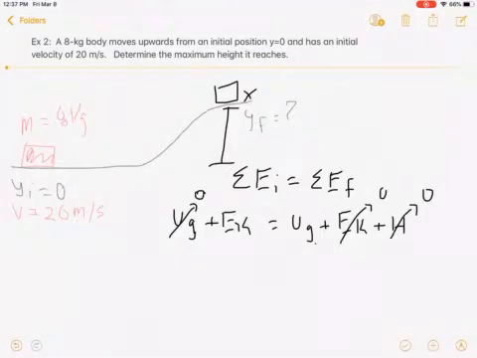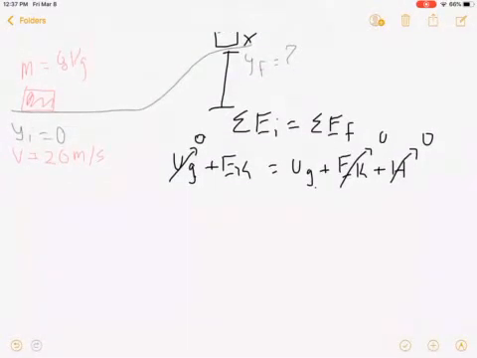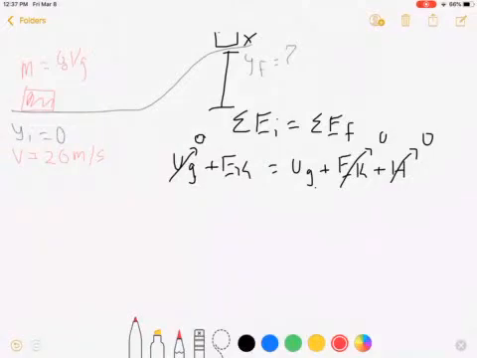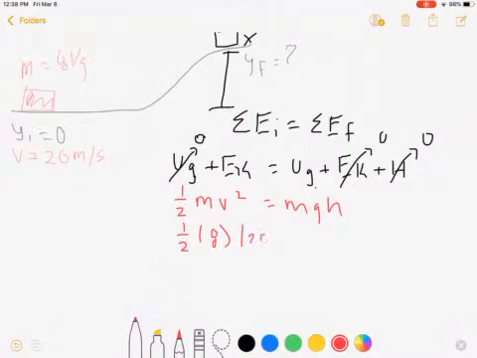To continue on with our equation, for kinetic energy, I have a half mv squared is equal to mgh. So I'm going to have 1/2 the mass, which is 8 kilograms, times my velocity, which is 20 meters per second, squared.